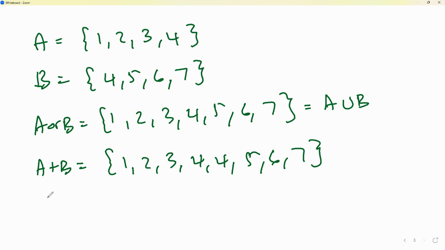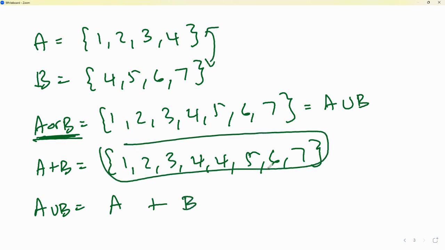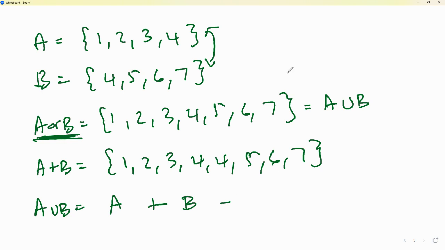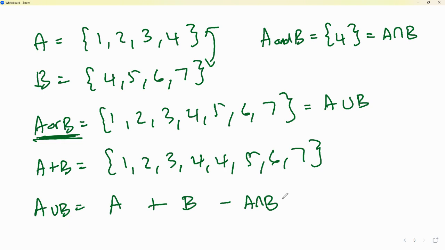So if I want to find out A union B, it will equal A plus B, which is that, minusing the intersection. And what is the intersection? What is A and B? That is the set 4, which is also known as the intersection number. So I have to minus A and B once. And the result of that will be A or B.